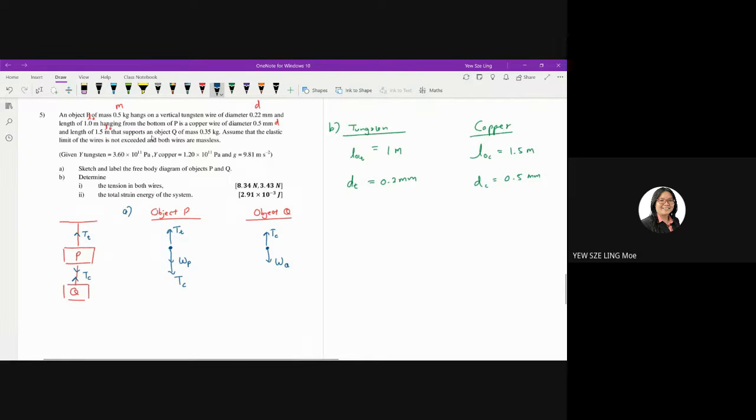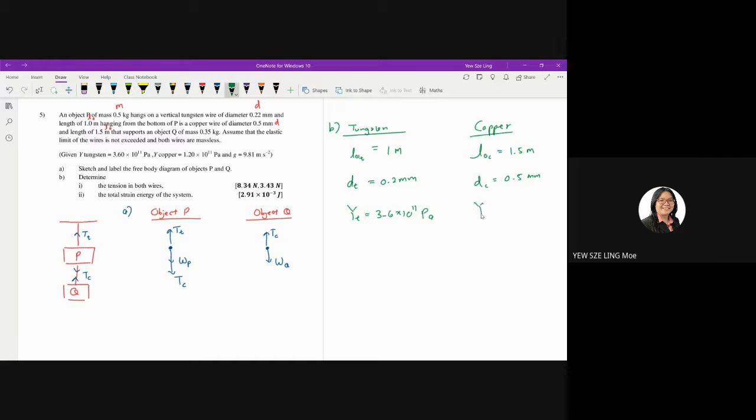I have the mass. The mass for object P is equal to 0.5 kg, and then the mass for object Q. Oh, one more thing that I forgot to write just now, which is the Young modulus for tungsten and copper. So Young modulus for tungsten wire, YT, is equal to 3.6 times 10 to the power of 11 Pascal.